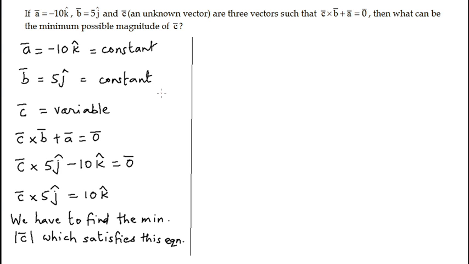Naturally, since the vectors involved, 5j cap and 10k cap, are along the positive y-axis and the positive z-axis respectively, it is clear that we will begin the solution by drawing an xyz coordinate system, and later on we will show these vectors, and also we will attempt to show the vector c bar in this particular diagram.